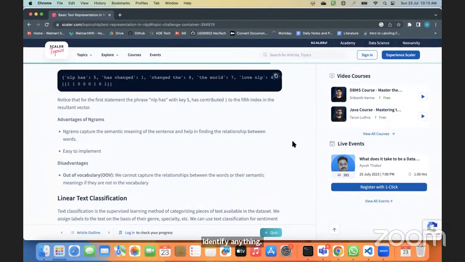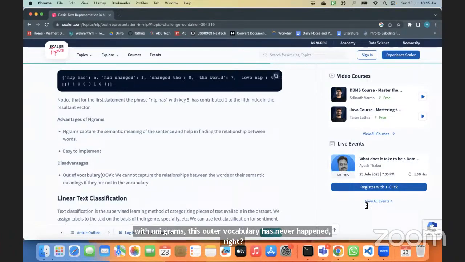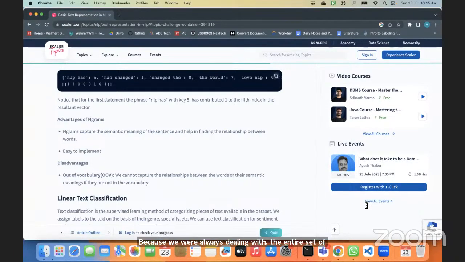When we were dealing with unigrams, out of vocabulary never happened, because we were always dealing with the entire set of vocabulary. We are representing all the words in the size of the vocabulary, so we always have the vocabulary with us. But when you have bigrams or trigrams, it's possible that you would have a different bigram.